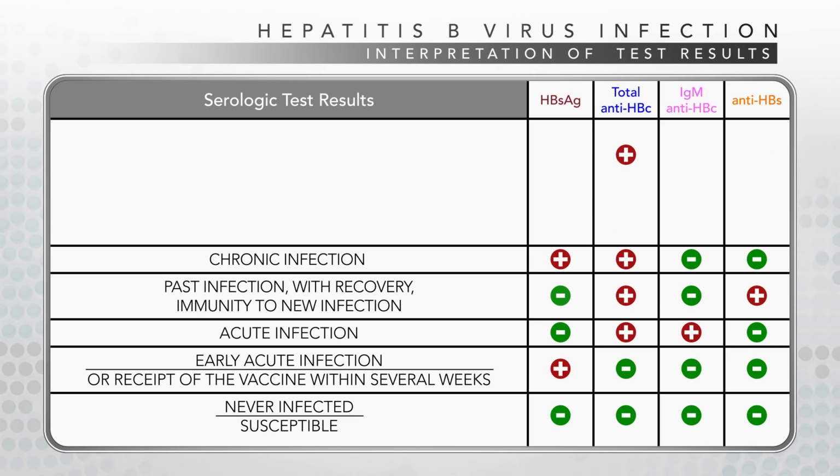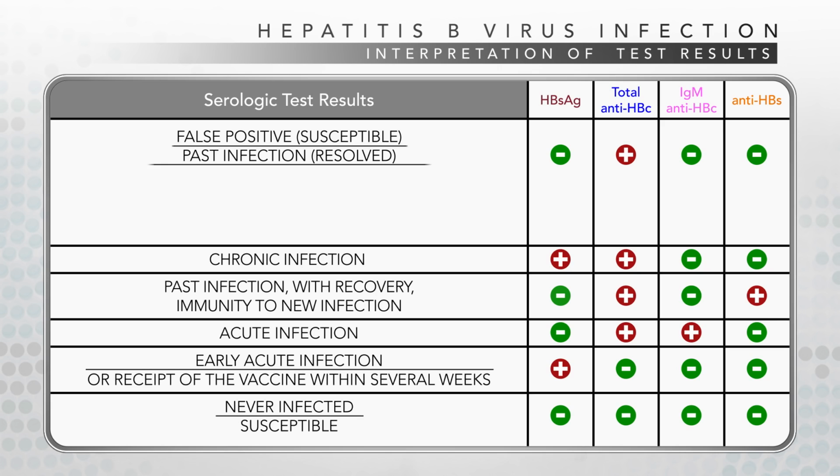Total anti-HBc positive alone, with the other 3 negative, has several possible interpretations, including a false positive result and therefore susceptible; past infection, resolved; or low-level chronic infection, and unlikely to be infectious, except under unusual circumstances involving direct percutaneous exposure to large quantities of blood, such as blood transfusion, or passive transfer of anti-HBc to an infant from an infected mother.